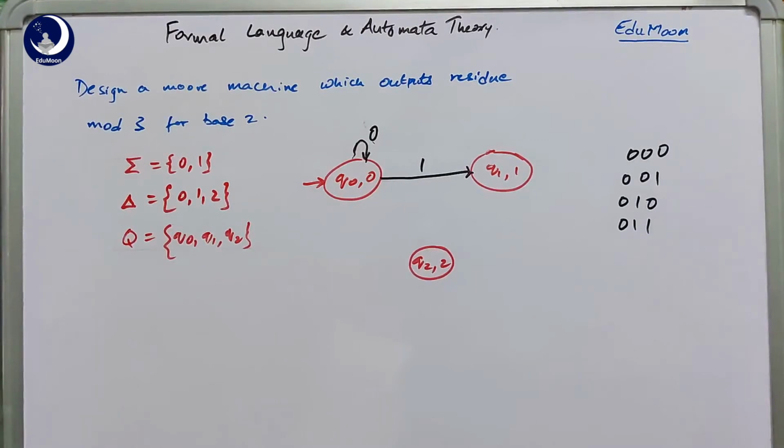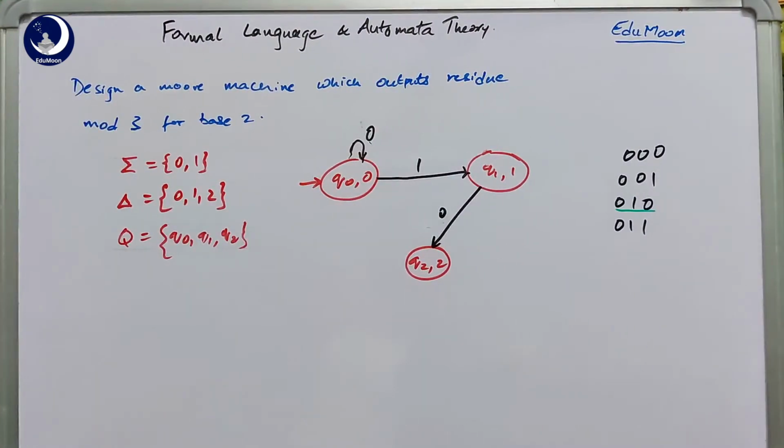We need to give the input transition for the Q1 state with input symbol 0, which gives remainder 2. So the 0, 1, 0 input sequence will take us to state Q2. The final output will be 2. Starting from Q0 we reach Q2, so the remainder is 2.